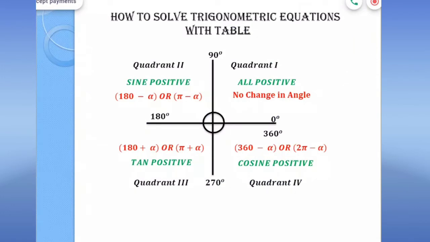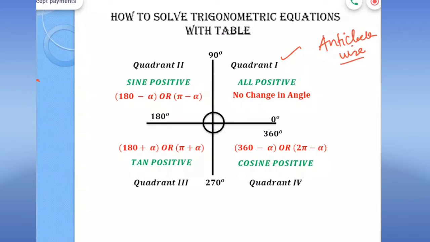When we divide a plane into 4 parts, this part would become the first quadrant, and we will move anti-clockwise, or counterclockwise.